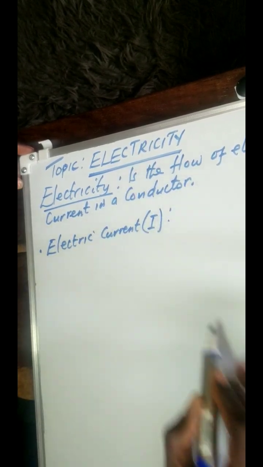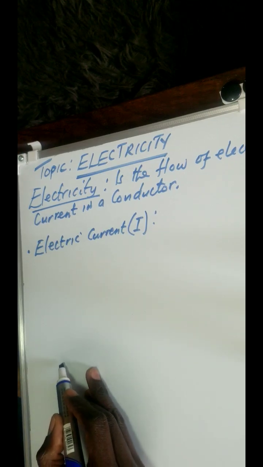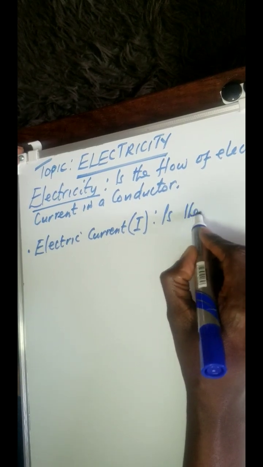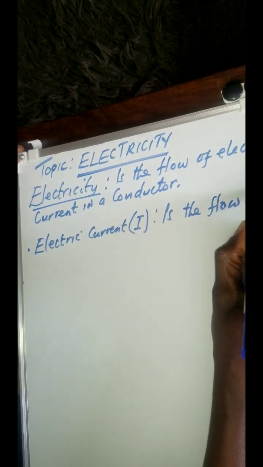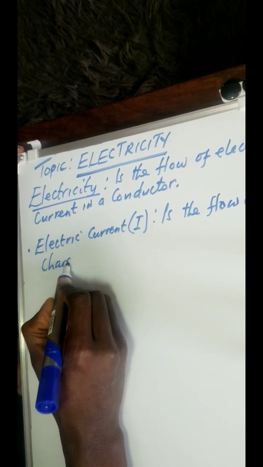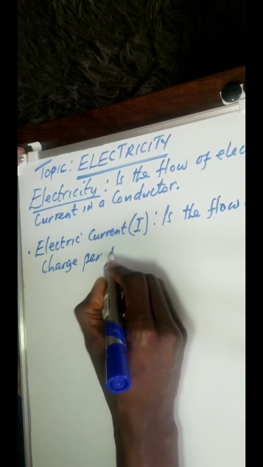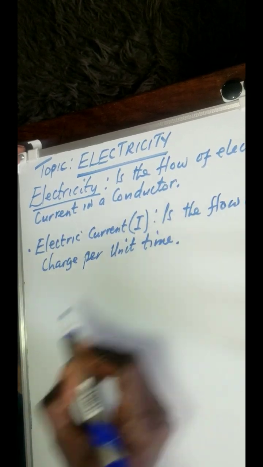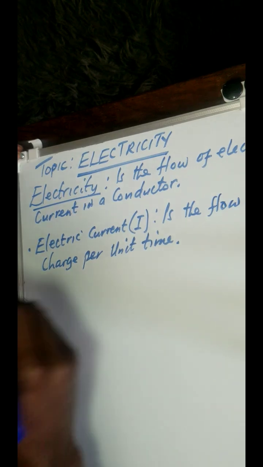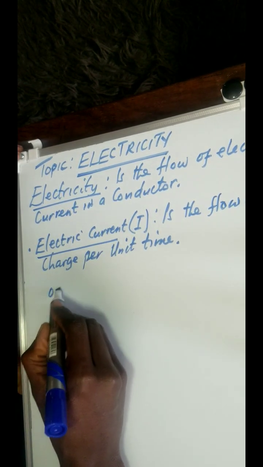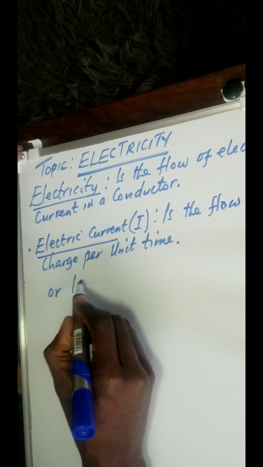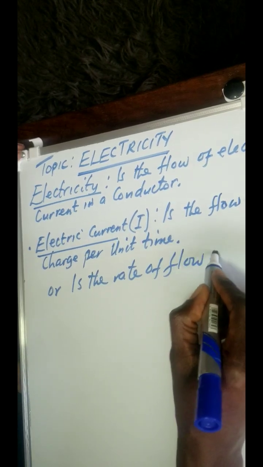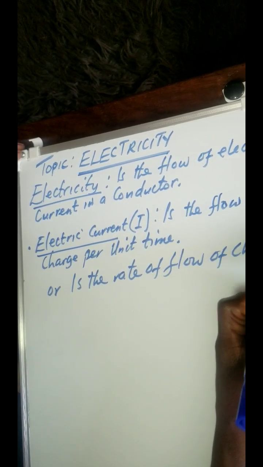So what is exactly electric current? Well, electric current, we can simply say, is the flow of charge per unit time. Or we can simply define it and say electric current is the rate of flow of charge.